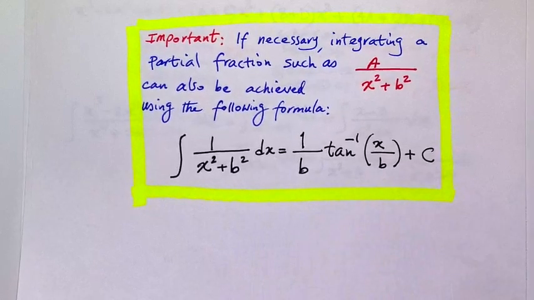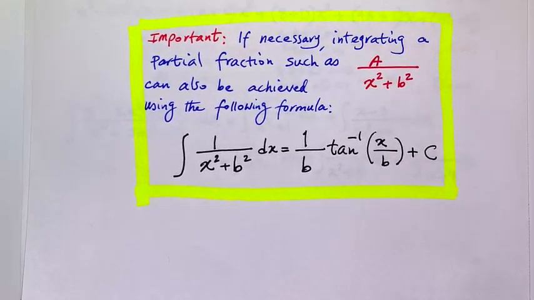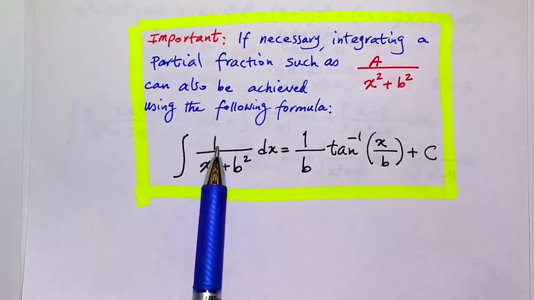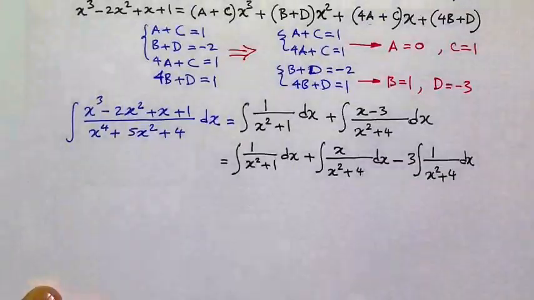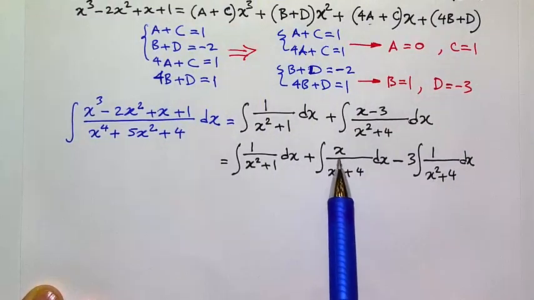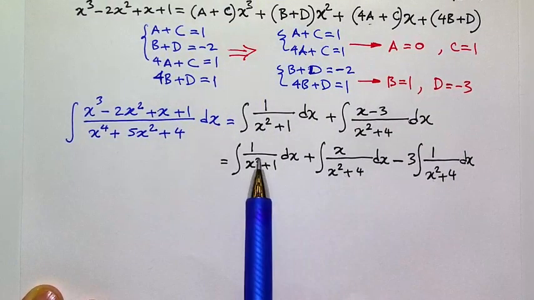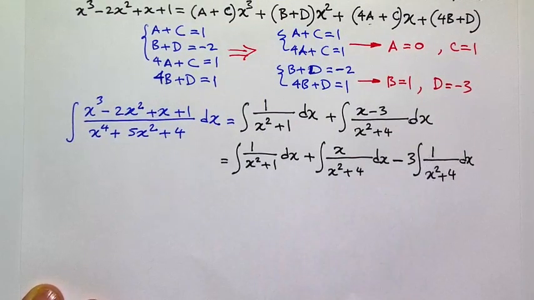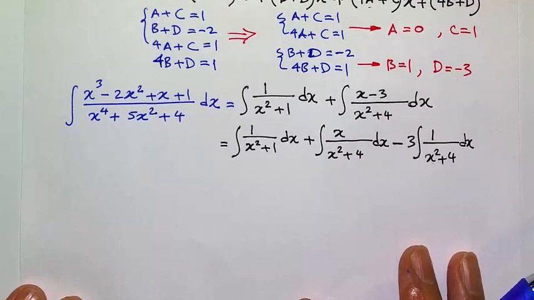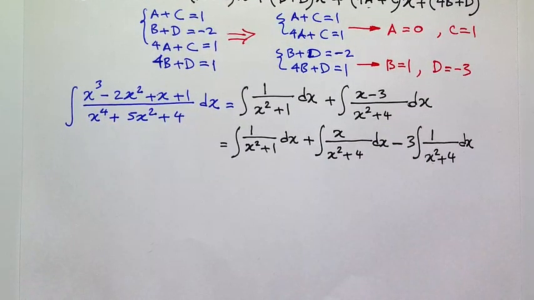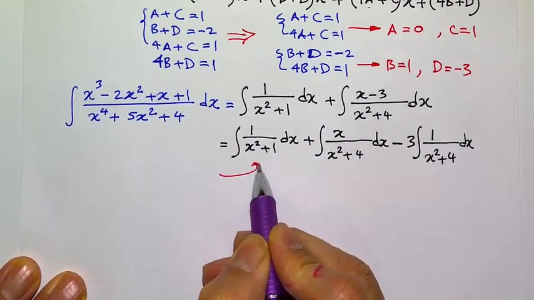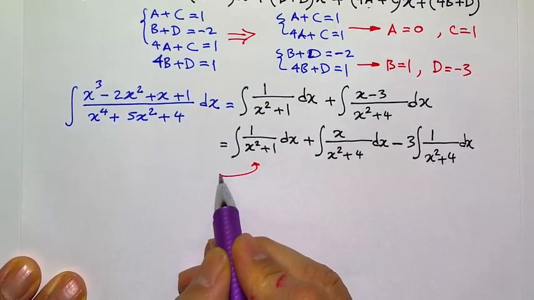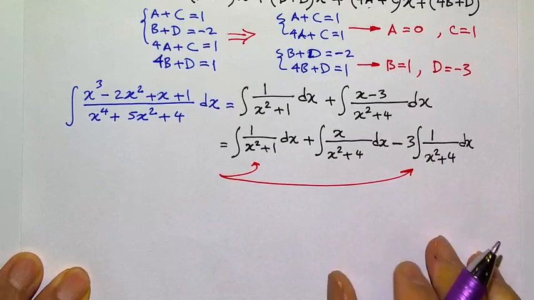Just remember this formula, because now we're going to apply it. We can't apply it to the middle term because that's an x divided by that, but we can apply it to this one and that one.